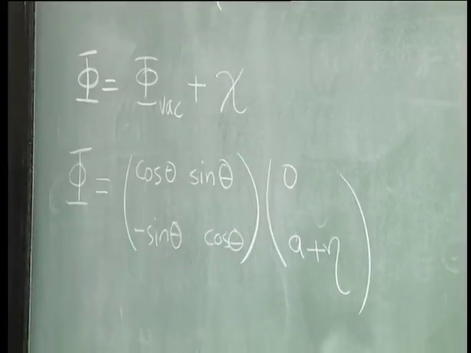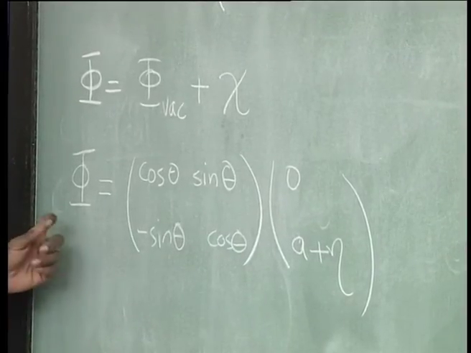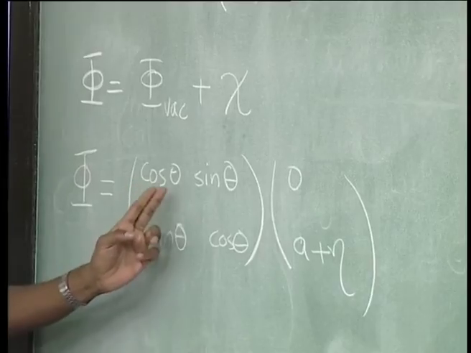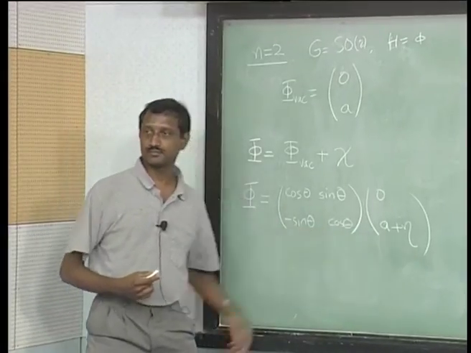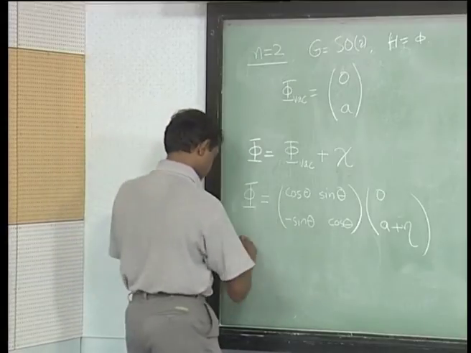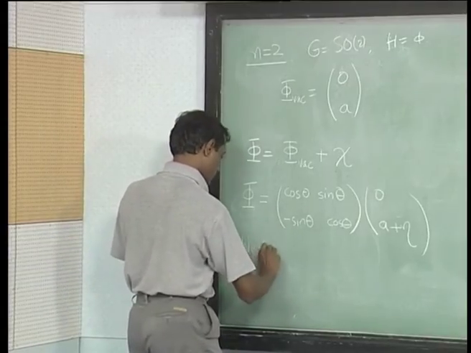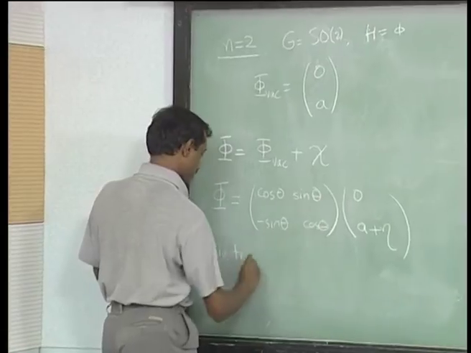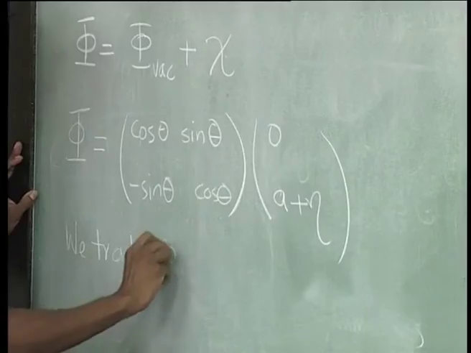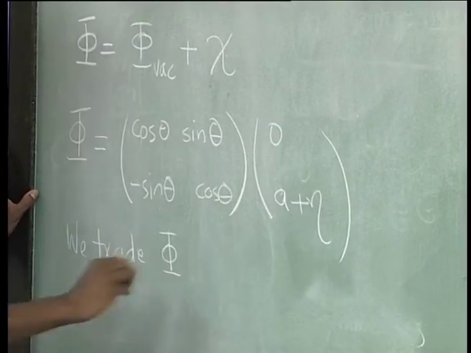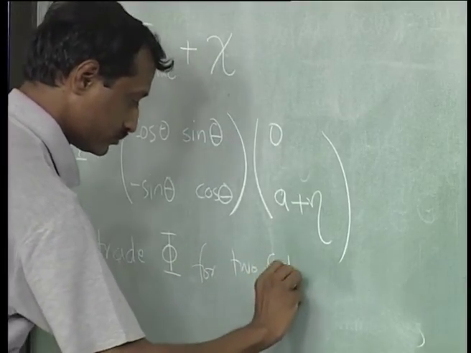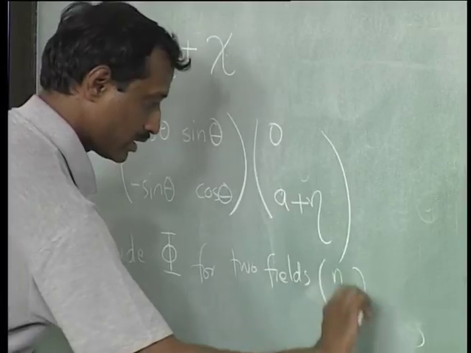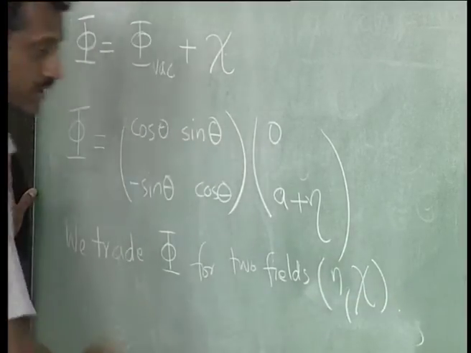What I have done is I trade the field phi for two fields, one is an angle field theta and the other is this eta. Okay. So, this is the analog of chi here, we trade phi for two fields, eta and theta.